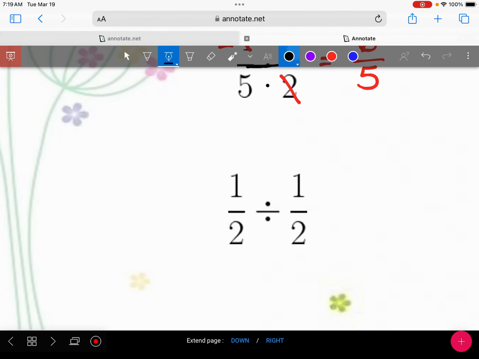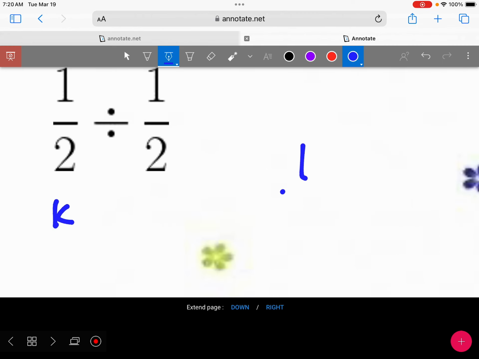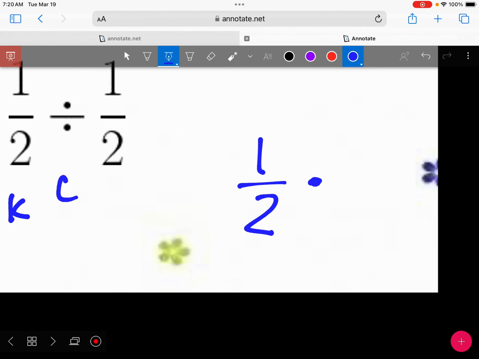How about when we're dividing? What are we going to do there? Keep, change, flip. So we're going to keep our 1/2. Change our sign to multiplication.